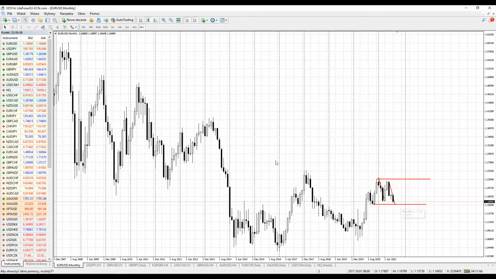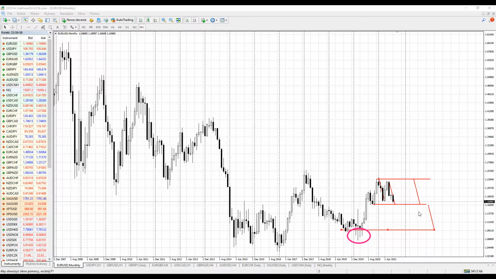If that's broken, then we might start to think about the next downside target. As you can see, levels close to 109, we might double the range and revisit this monthly swing low around 109.